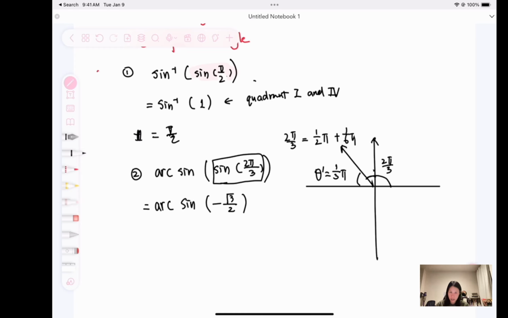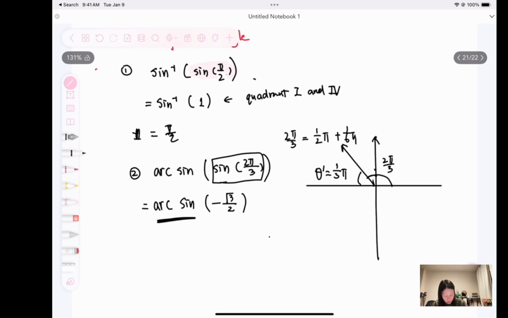Now, when it comes to the inverse function, we need to be careful because we want to restrict this whole thing. The domain is between negative pi over 2 and pi over 2. So that means it has to be in the first and fourth quadrant.